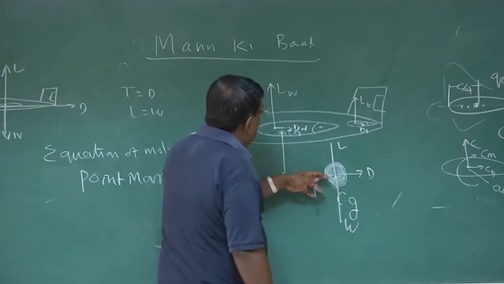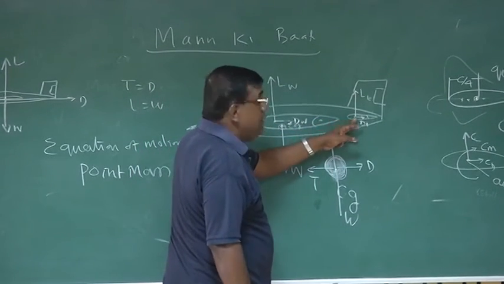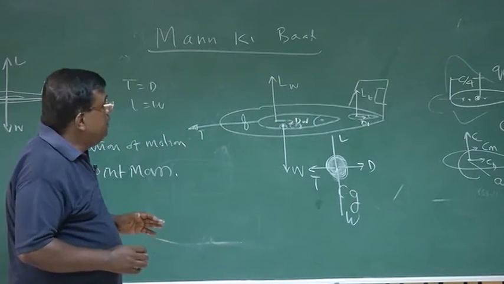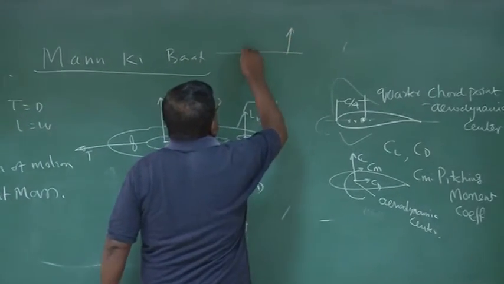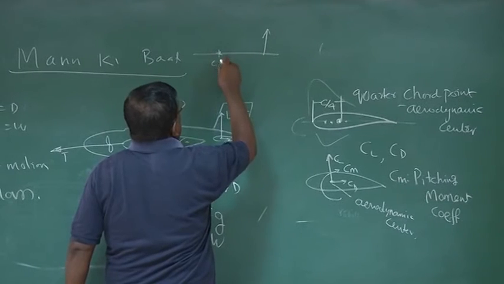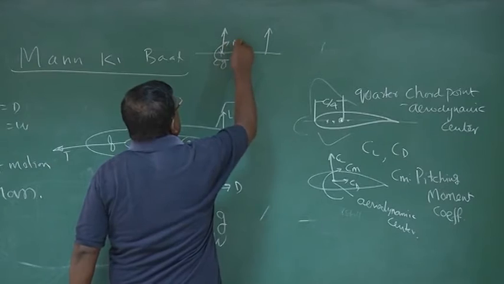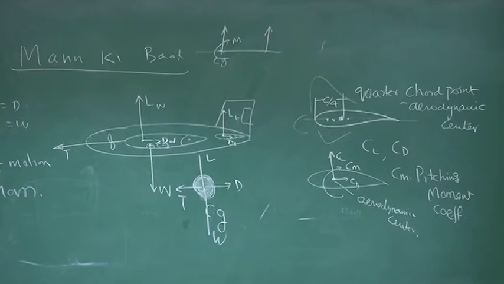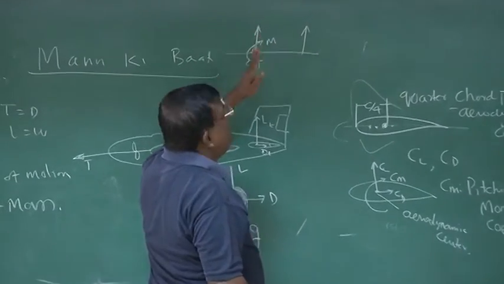But I know in reality lift is not acting at the CG, and thrust is not passing through the CG. So what is done? Very simple. If I have a force here, and I know this is the CG or any other point, I can transfer this force here along with a moment. Of course, I take the moment sense as positive by convention. If it is negative, the value will be negative, right? So I can transfer a force from one location to another using a force and a moment.